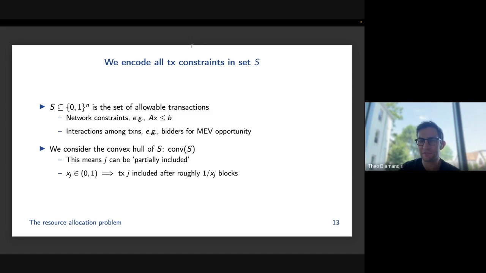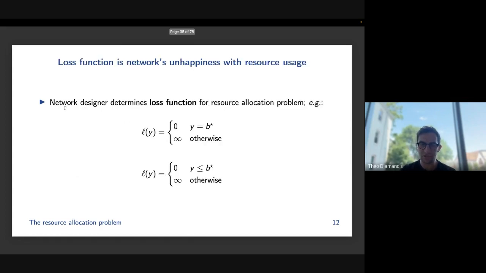It doesn't have to be, I guess. So the B star introduced earlier is going to end up just getting into the set S, or going into the loss function. So I suppose it is fixed insofar as once you create the mechanism for the fee market, it's set after that.